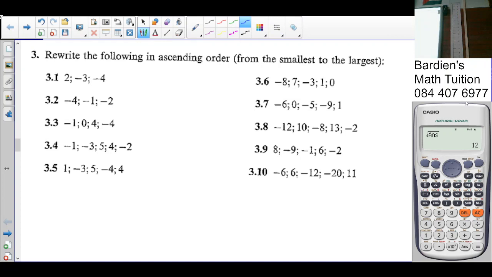Descending order is biggest to smallest. Ascending is smallest to biggest. So the smallest one here is negative 4, followed by negative 3, followed by 2. When you skip a line, you write down the sum in 3.2. Then below that you write equal. Skip a line and so on.